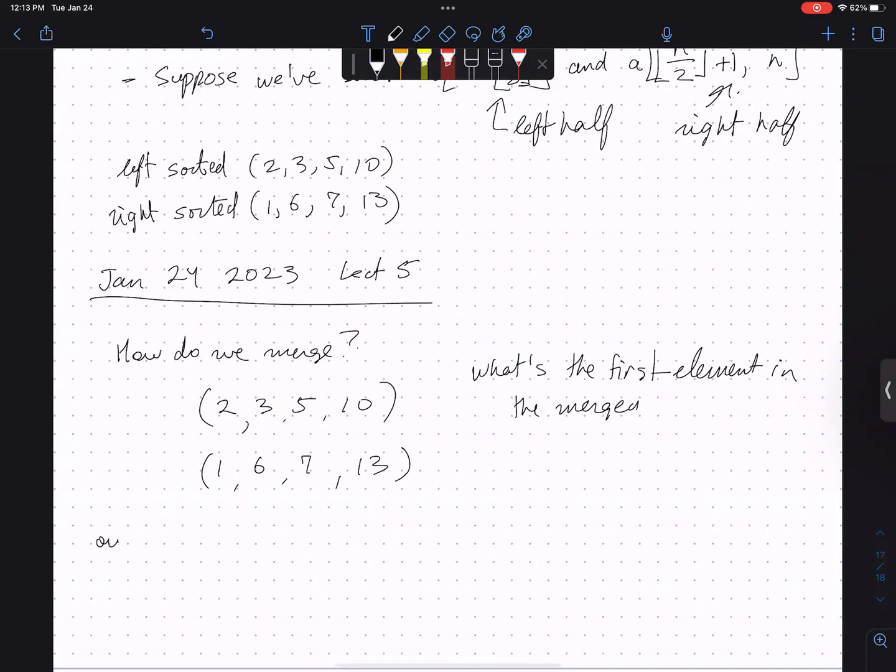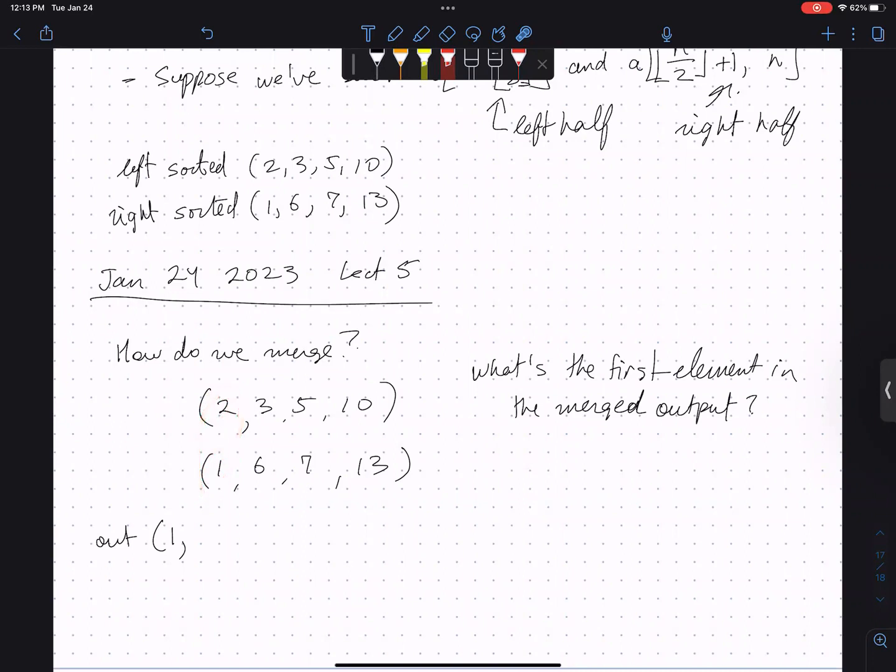But how do we find this one? Given these two lists, how do we find the smallest element in a very simple way? It's either this or this. So we just compare these two to take the smallest one.